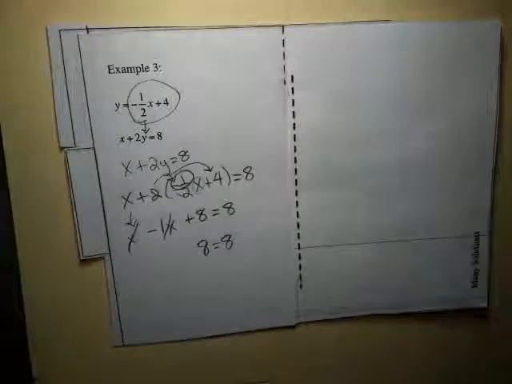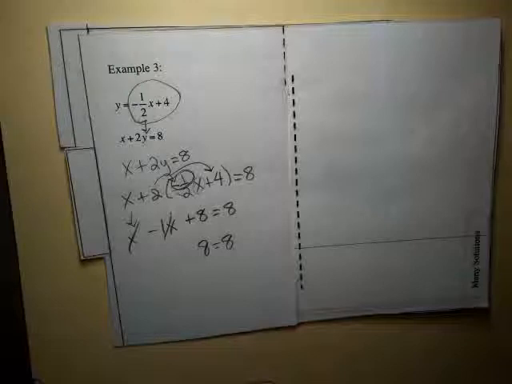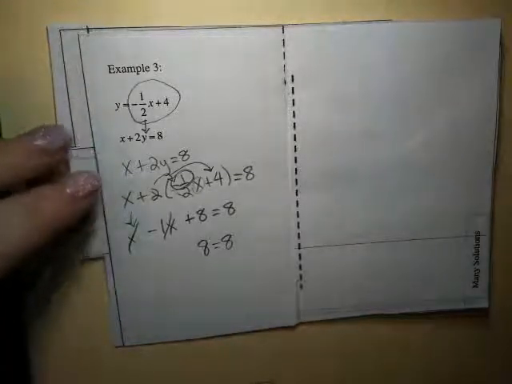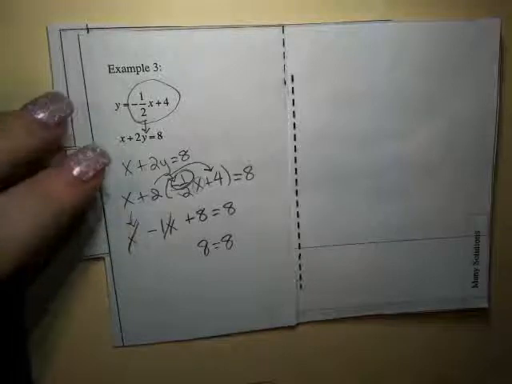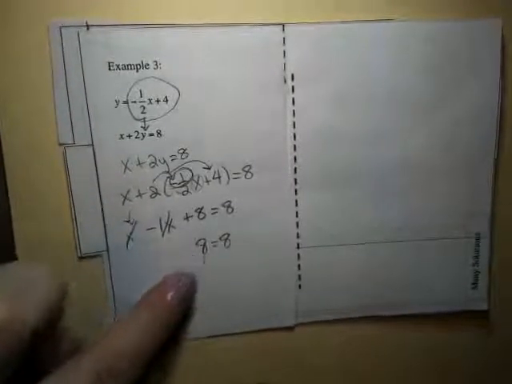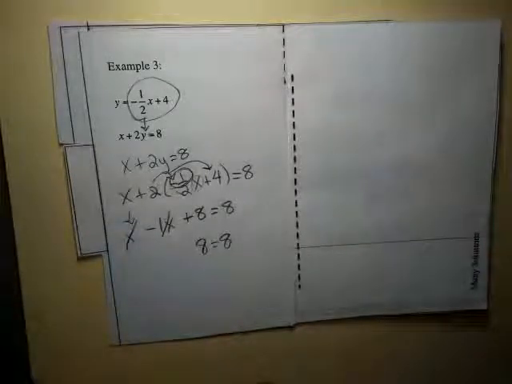Why would we eliminate both x and y and only create a true statement of an expression, essentially, of 8 is equal to 8? That's because these two equations are also equivalents. They're identical to each other. So we would expect every single solution they could possibly produce to also be identical to each other. That is the whole premise of a system of equations that has infinite solutions.